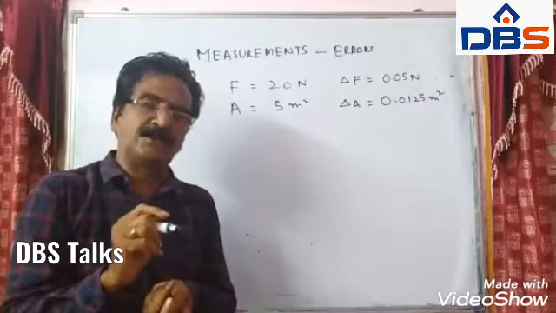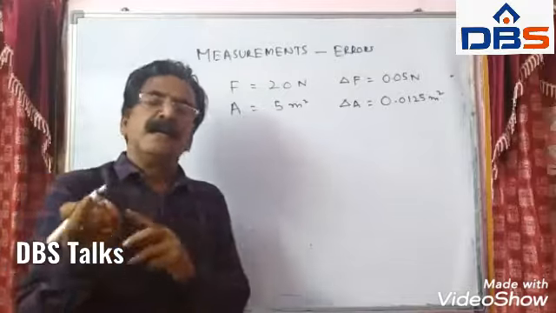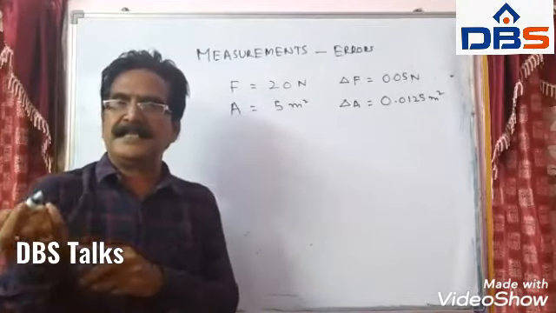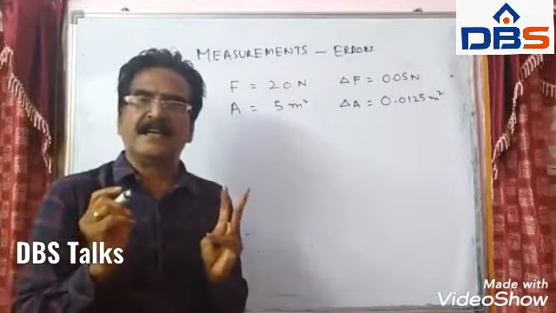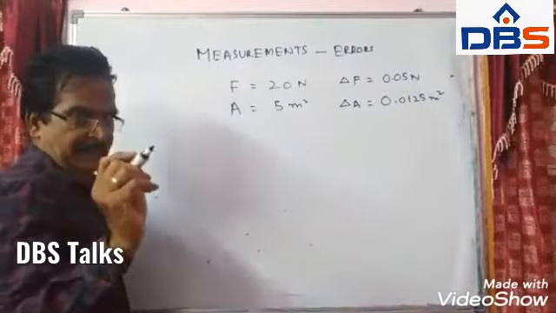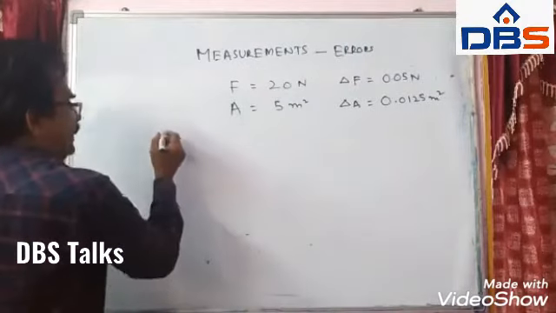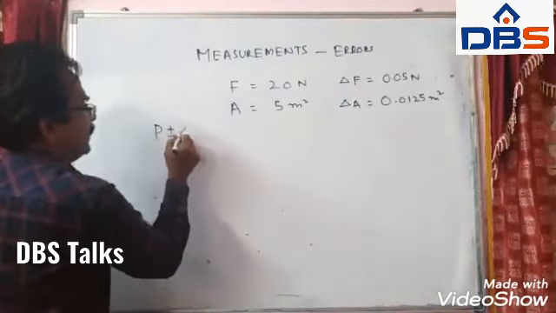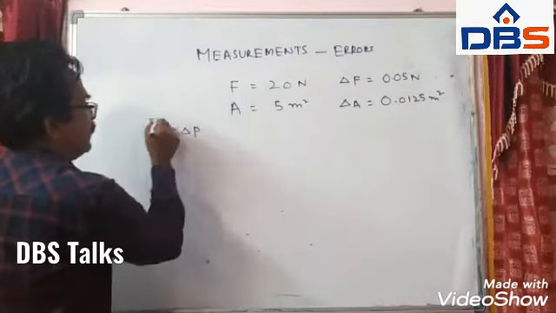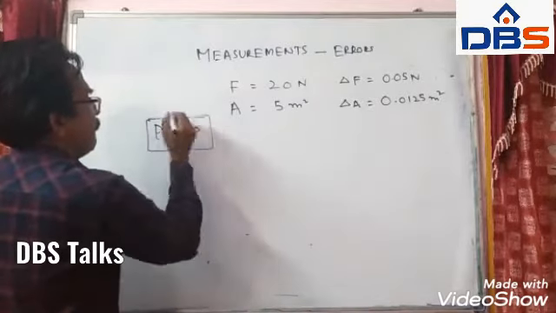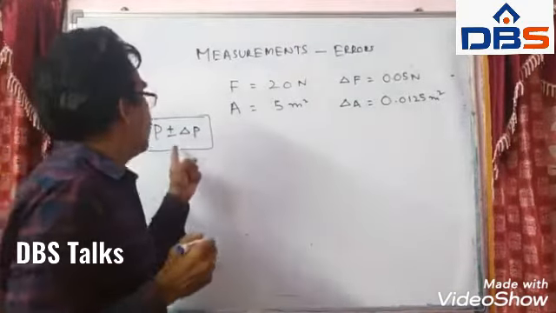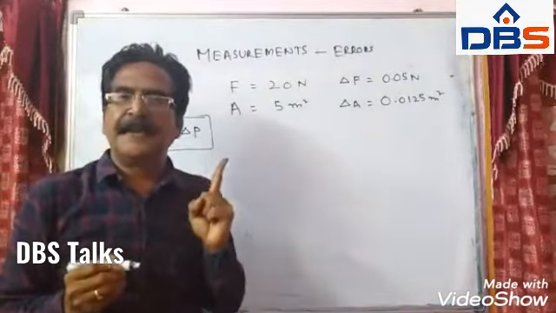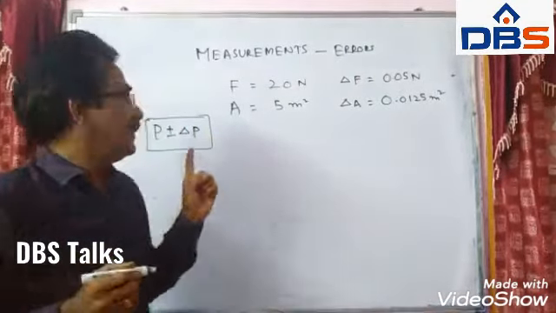Let us also find delta P. Then P plus or minus delta P is our final answer. We want pressure with absolute error, that is P plus or minus delta P is our required answer.